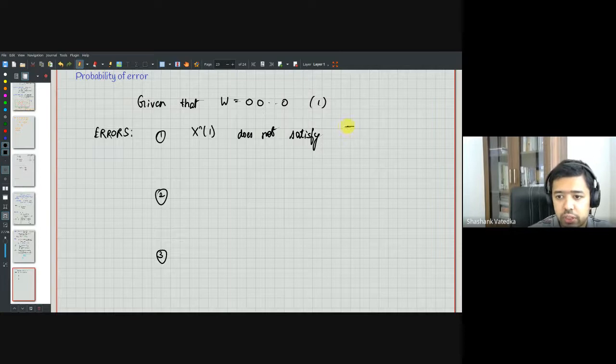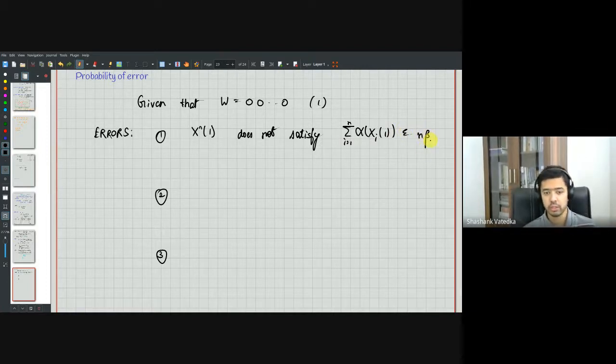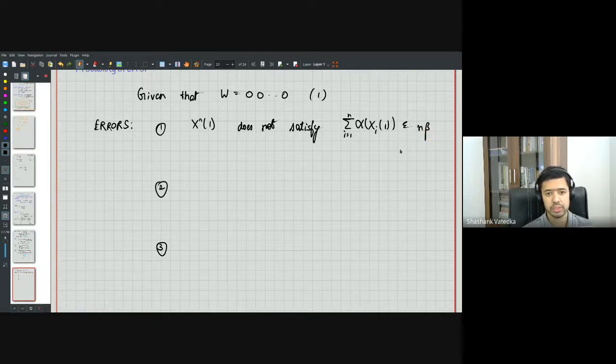The cost constraint is that the sum over i going from 1 through n of alpha of xi of 1 is less than or equal to n times beta. This is one source of error. In this case, you cannot actually transmit this code word because it does not satisfy the power constraint or the cost constraint, and we want to ensure that this does not happen.